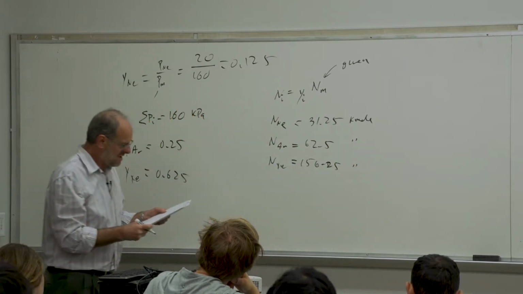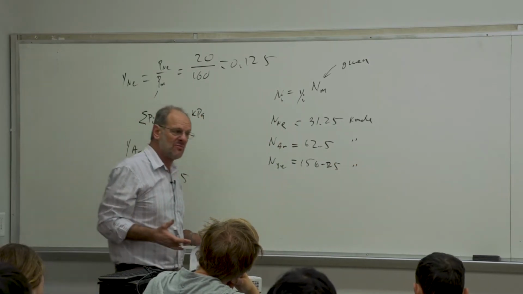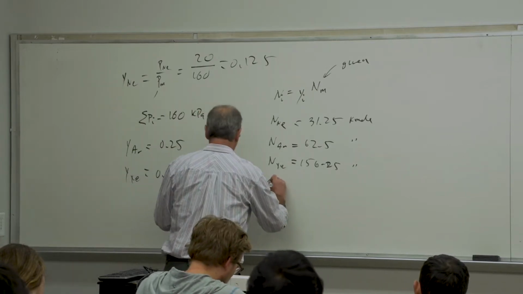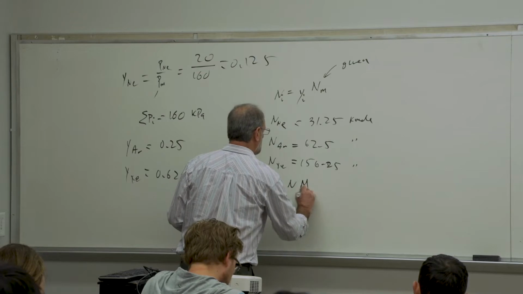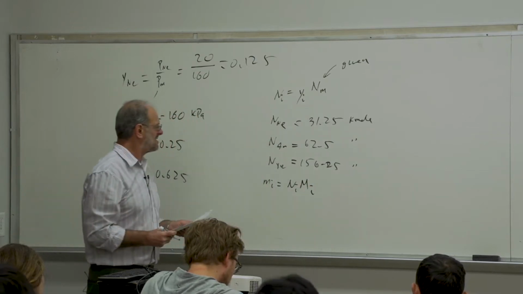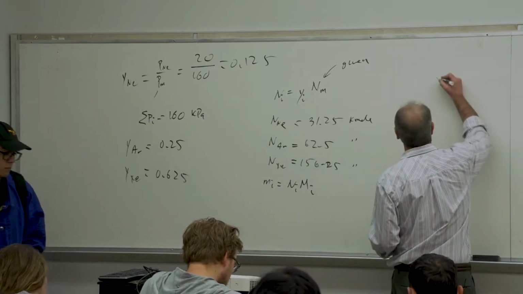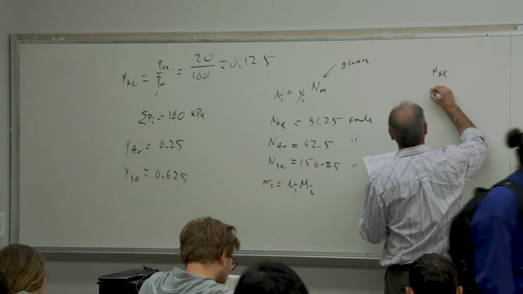kilomoles for the xenon. And now that we have the number of moles, it's pretty easy to calculate the mass of each component. We know the mass of each component is just the number of moles times the molar mass of that particular component. Again, you're given the molar mass data, so we can find our various masses.